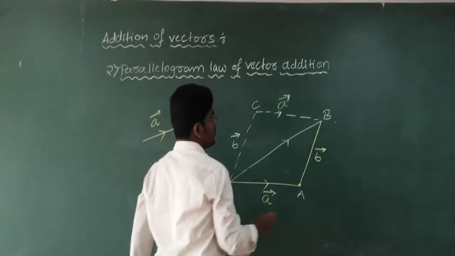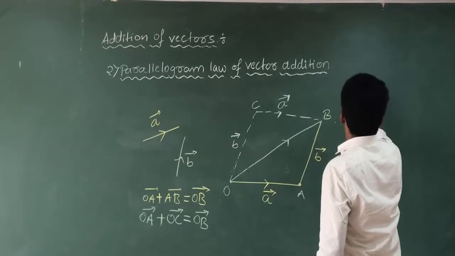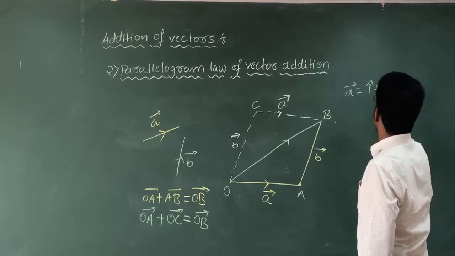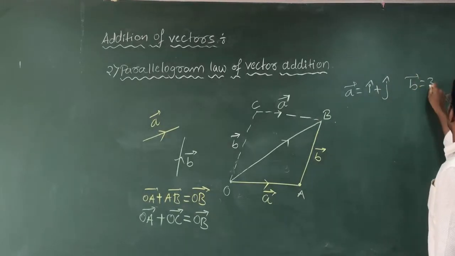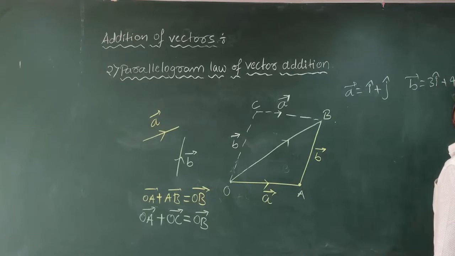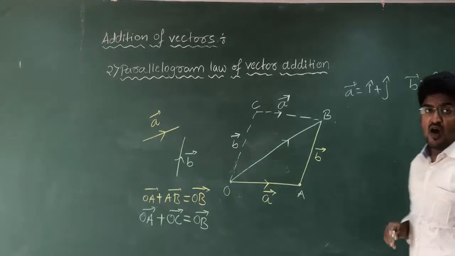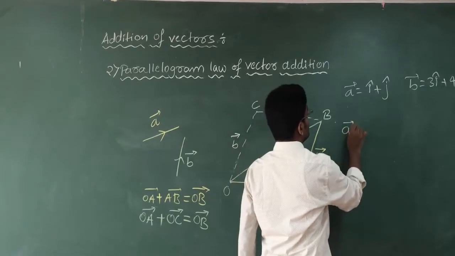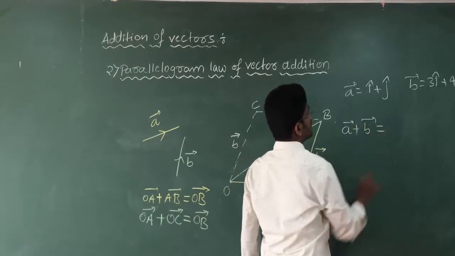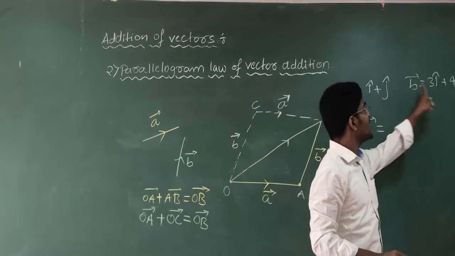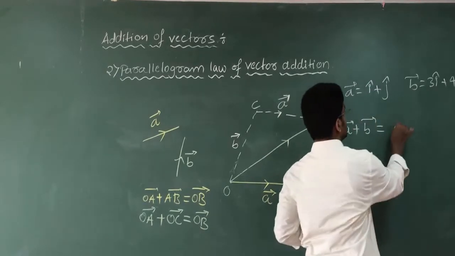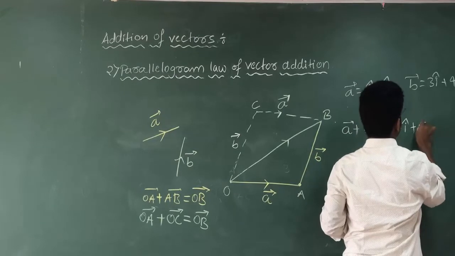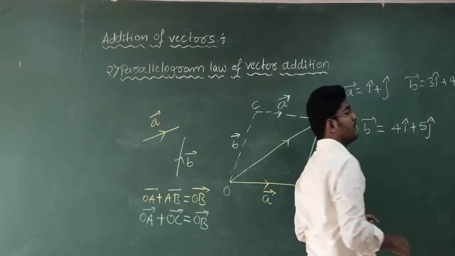Suppose you have vector A equal to i cap plus j cap, vector B equal to 3i cap plus 4j cap. Now vector A plus vector B will be what? i cap plus 3i cap, that is 4i cap, j cap plus 4j cap is 5j cap.